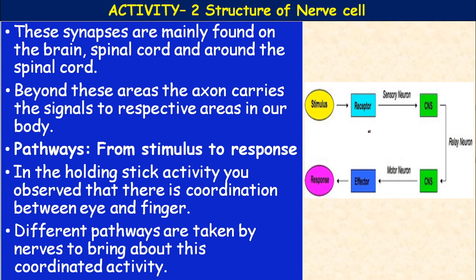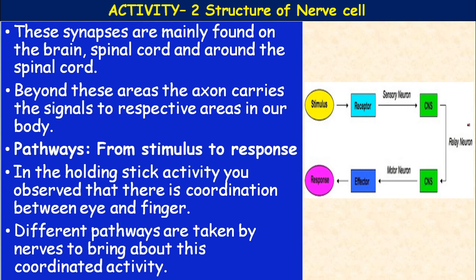So the skin of the hand contains the receptors which receive that stimulus, which is carried by the sensory neuron to the central nervous system. Here we are mentioning CNS. CNS means central nervous system. That information is carried to the brain or spinal cord. Okay, the central nervous system is composed of brain and spinal cord.